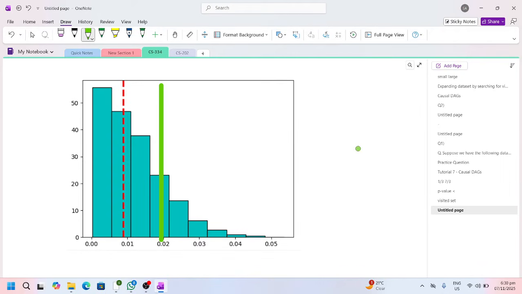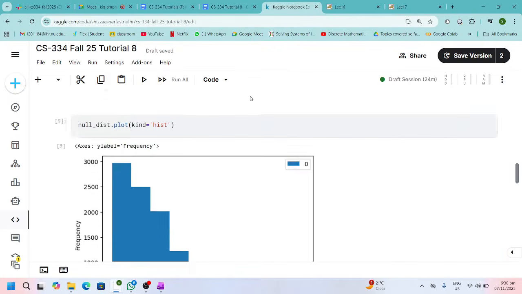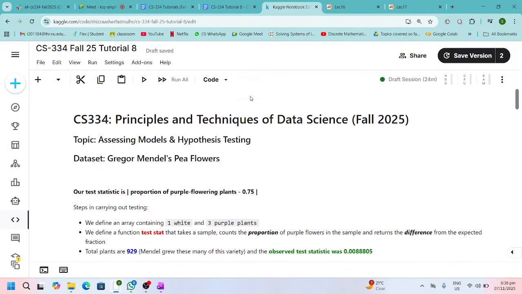Otherwise, how will you determine कि इस value का क्या मतलब है? Suppose कि मैंने वो threshold green line से mark कर दिया है. My threshold is 0.02.